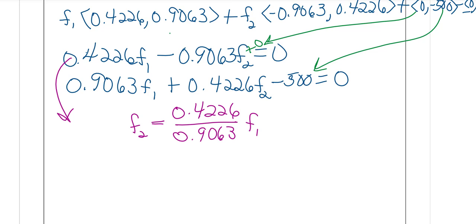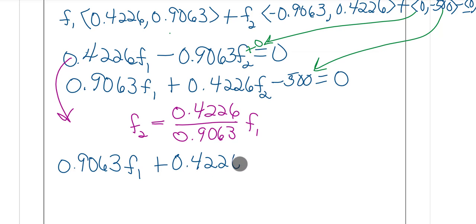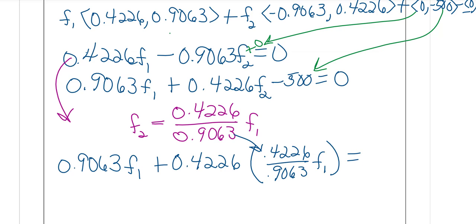So then I'm going to substitute that in for F2 in the second equation and rewrite it a little bit. So I have 0.9063 F1 plus 0.4226 times, and now I'm going to put that term in there, 0.4226 over 0.9063 F1, and this is now going to equal 500.